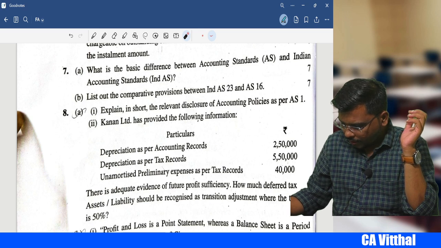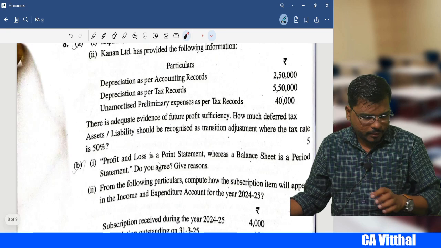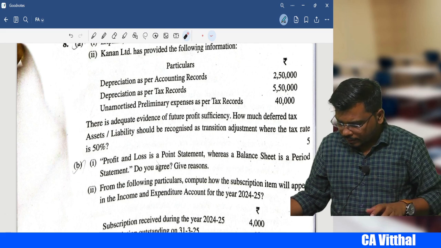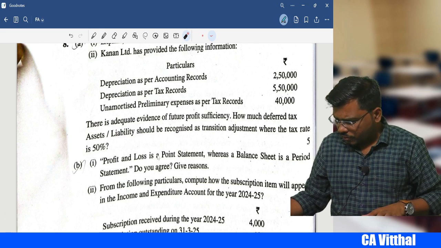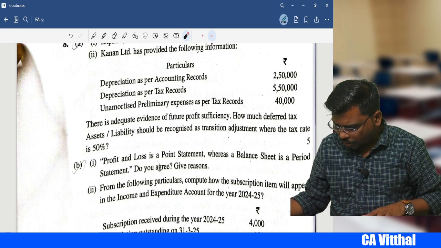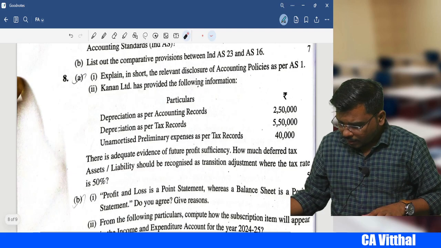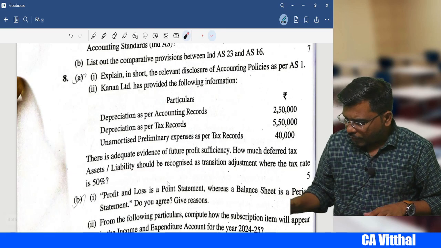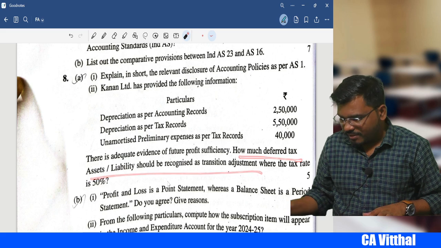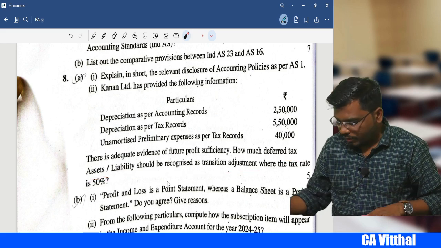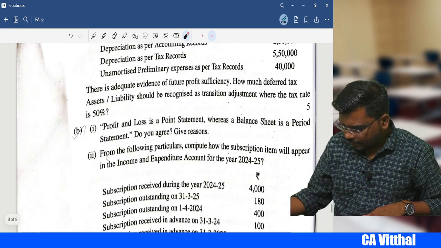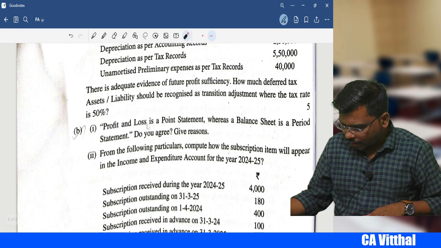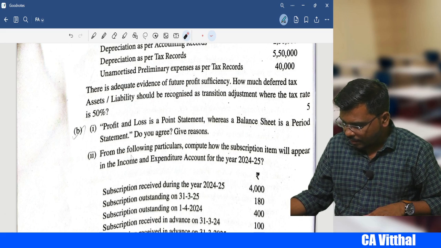Just a minute, let me check. This is deferred tax asset, deferred tax liability. Very beautiful. This is again based on accounting for taxes. Yes, they have asked you.